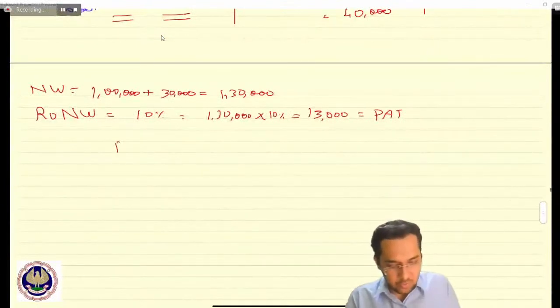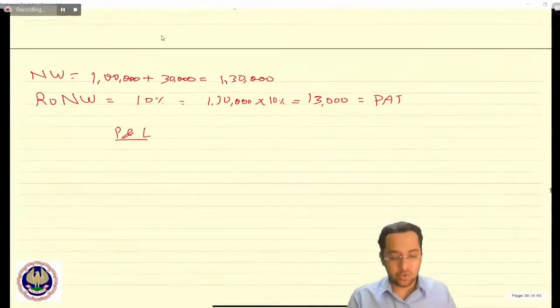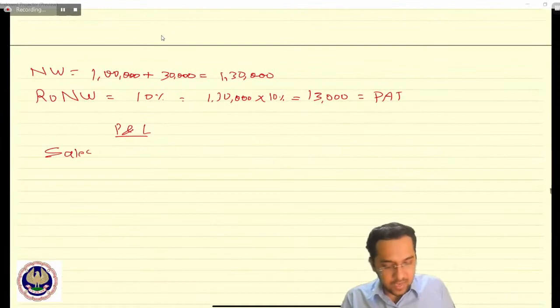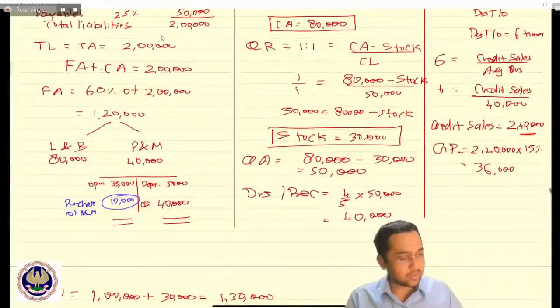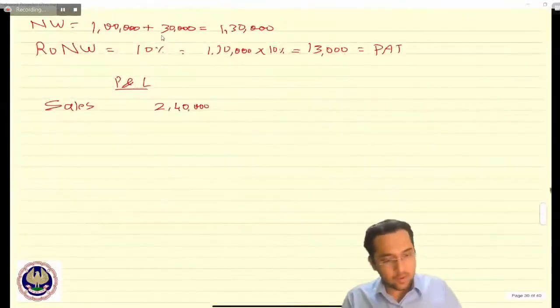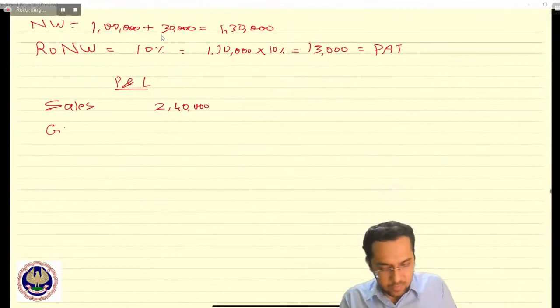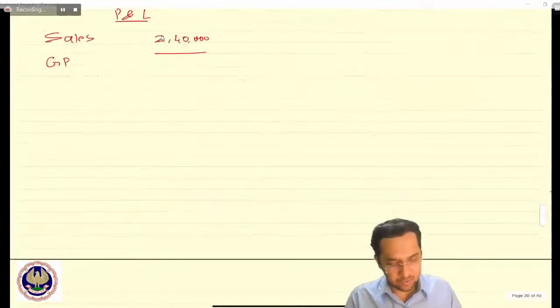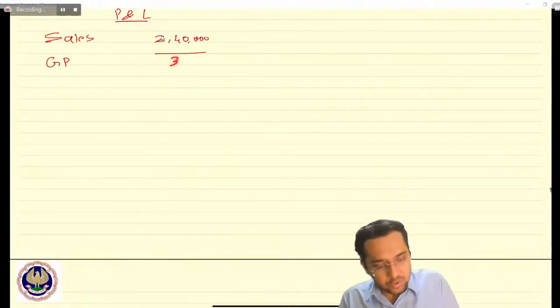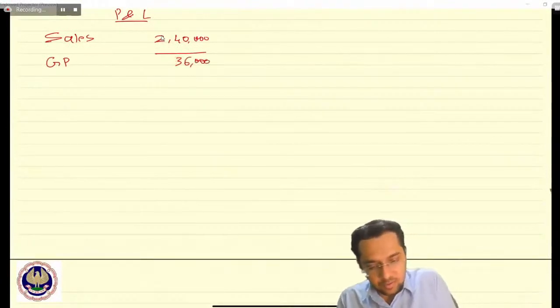If I ask you the P&L statement, how is it going to look like? First, we will have the sales figure, which we computed as 2,40,000. Sales was computed by us to be 2,40,000. On that, we have the information of GP. GP is 36,000.